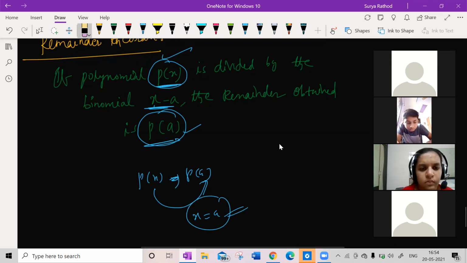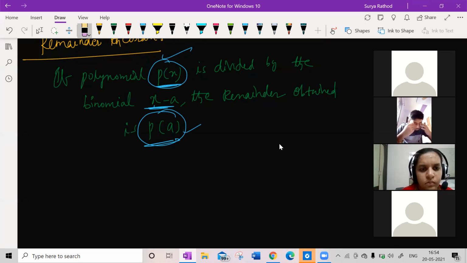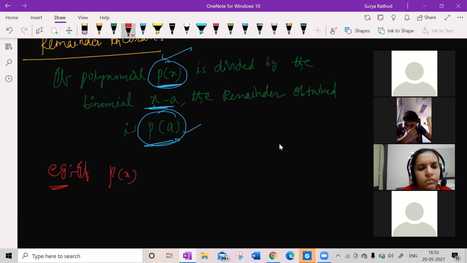Now let us try to understand this by using an example. Let P of X be equal to x cube minus 4x square minus 7x plus 10.